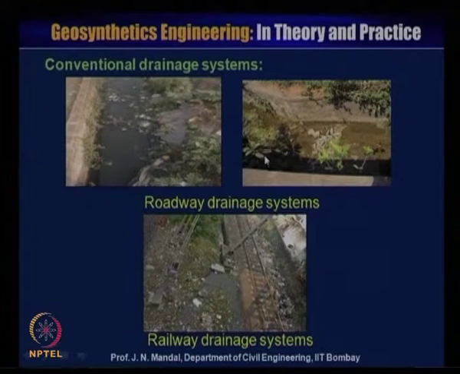You can also see a drainage system near the railway, where the railway is passing through. Anytime an accident may occur. So you can see what kind of severe problem may come if you do not provide a proper drainage system. This is what is happening with the conventional system.